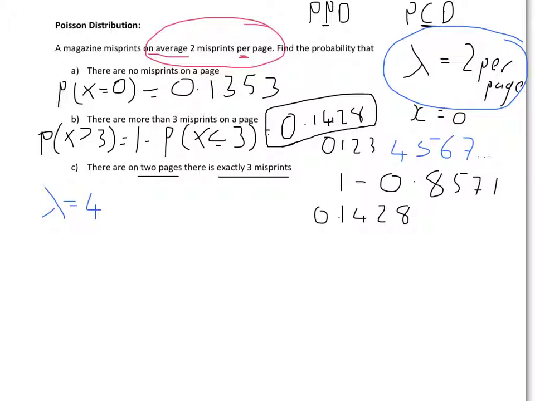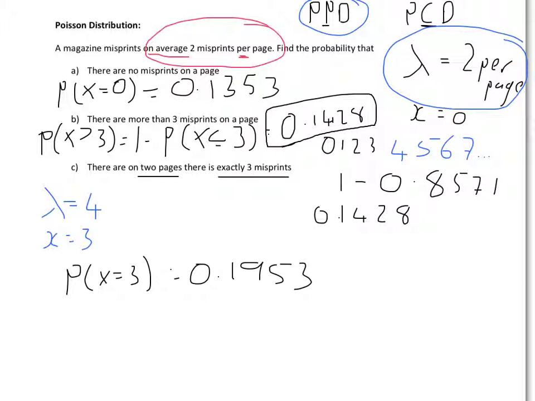We just multiply or divide. 2 pages, there's 2 per page, so therefore there's 4. So the probability is exactly 3. We know x is 3. We're going to be in PPD again because that's exactly 3, so we're going to say the probability that x equals 3. You're going to go into your Poisson PPD, it has to be PPD, change your lambda to make it 4, exactly 3, and that comes out to be 0.1953. Again, make sure you've got that.